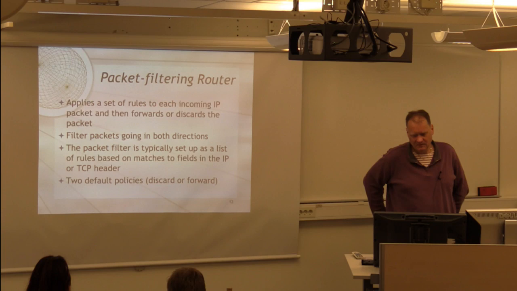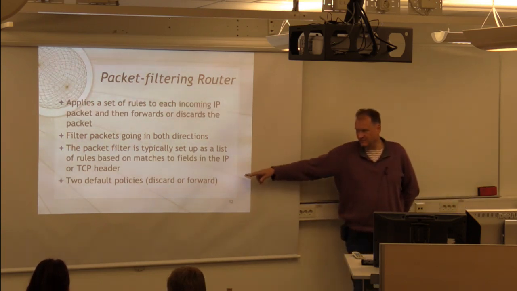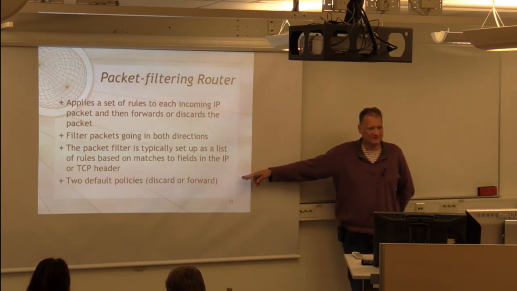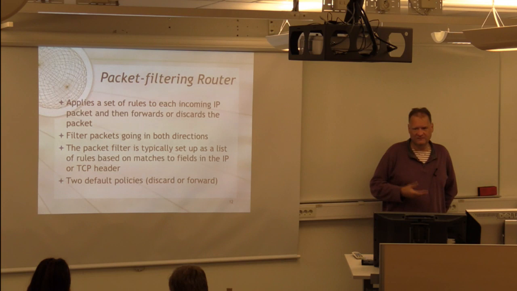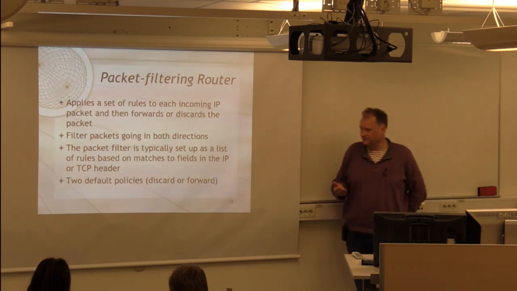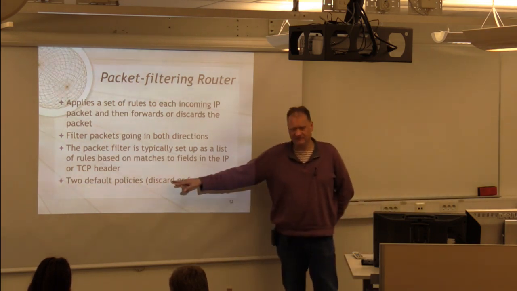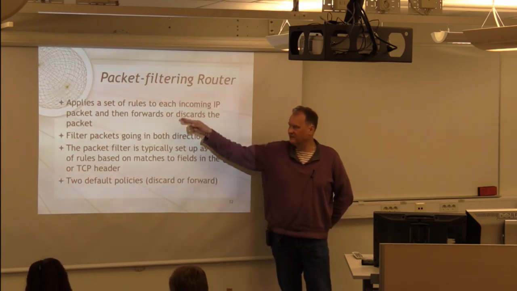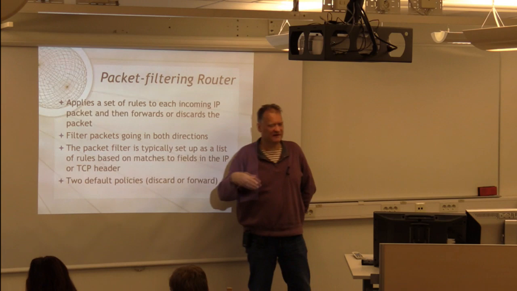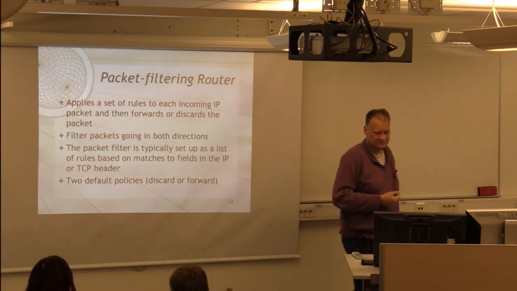Yeah. Well, that's actually exactly what I come to now, the default policy. We can have two main ideas for how our firewall will work. The main idea could be to discard everything unless we have a rule in our rule set here that explicitly allows it.